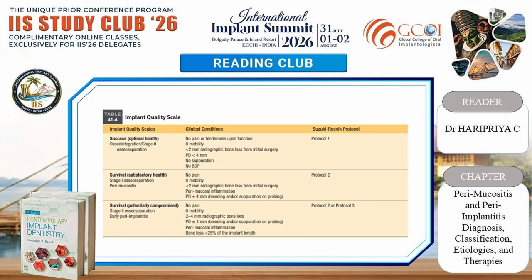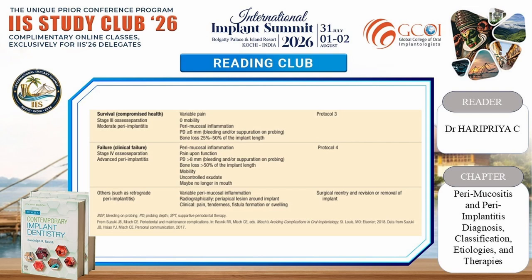Third, survival or potentially compromised, stage 2 osseoseparation, early peri-implantitis. Clinical conditions, no pain, zero mobility, 2 to 4 mm radiographic bone loss, probing depth plus or minus 4 mm, perimucosal inflammation and bone loss less than 25% of the implant length. Protocol number 2 or protocol number 3 has to be followed.